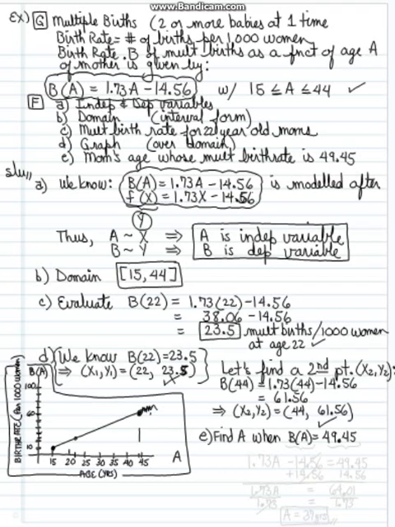So what is b of a? Let's replace that with what b of a is equal to. According to the equation, that's 1.73 times a minus 14.56. That's the same as b of a. Bring down the equal sign, and then bring down this side, 49.45.